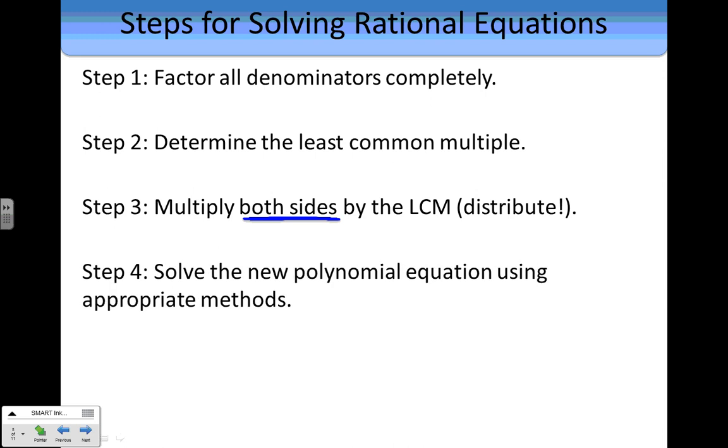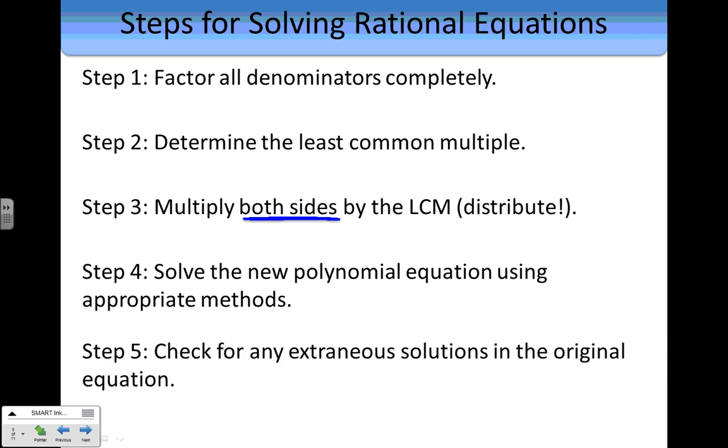Step 4, solve the new polynomial equation using appropriate methods. That means once we clear the denominators, if I have a linear equation, solve it the way you know how. If I have a quadratic, you could solve it by completing the square or factoring. Any way that you know how to solve the resulting polynomial, that's how you need to solve it.